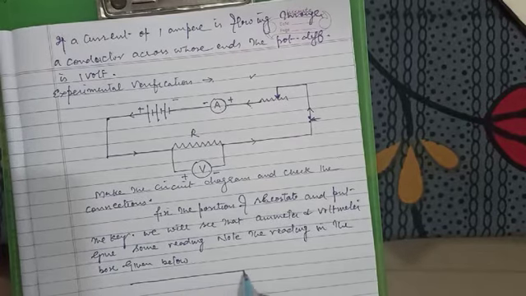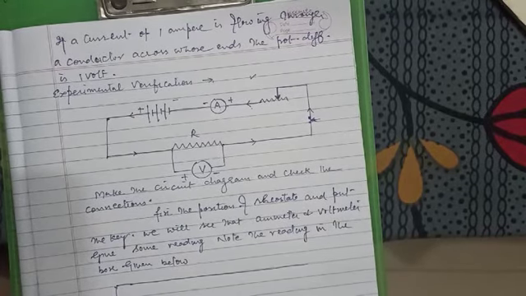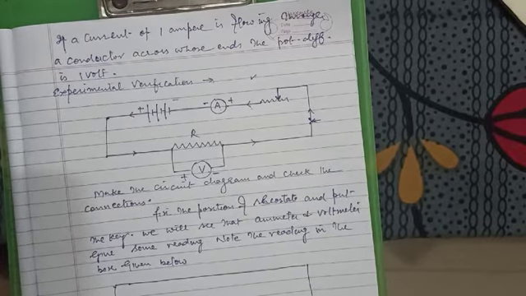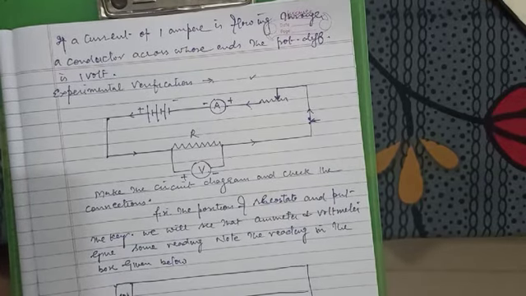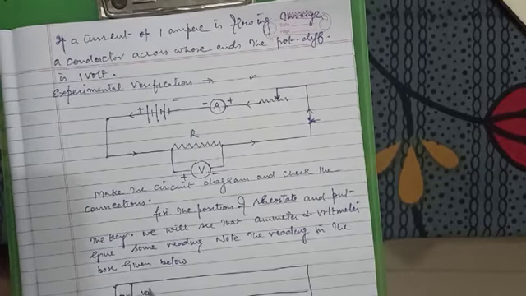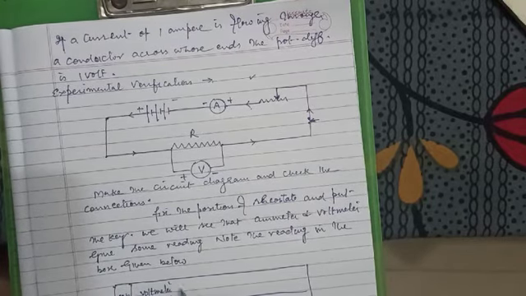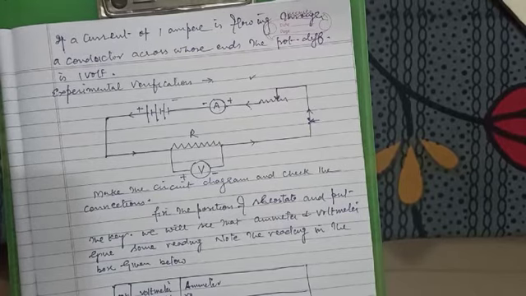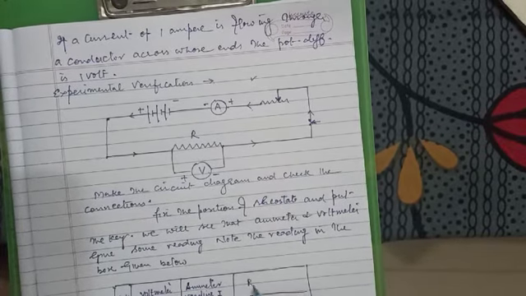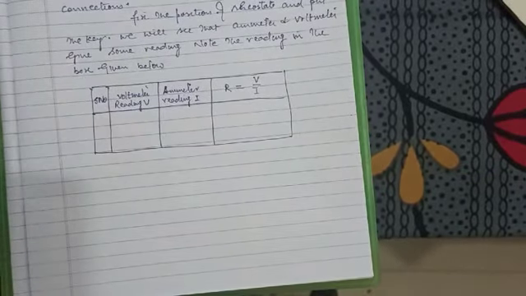This one is the table to which I have said box: serial number, voltmeter reading, it is V, ammeter reading, it is I, then R, which we have to find out, R equals V upon I.